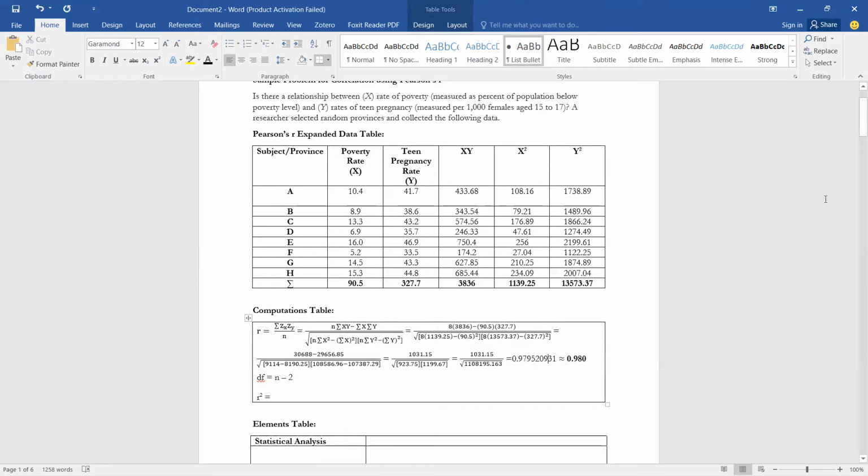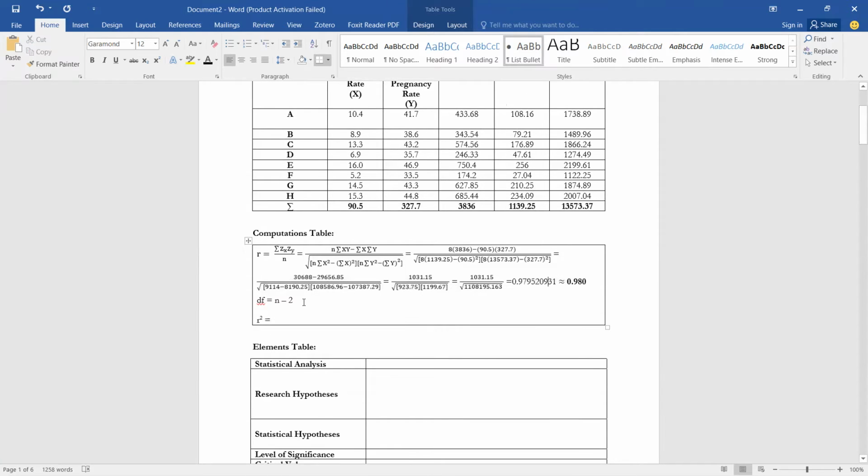No, so remember that and refer to the table of interpretations that I provided in the lecture notes. Now DF, we have 8 provinces in the sample. So that is 6 in DF, and then the coefficient of determination is simply R squared, so 0.980 squared.